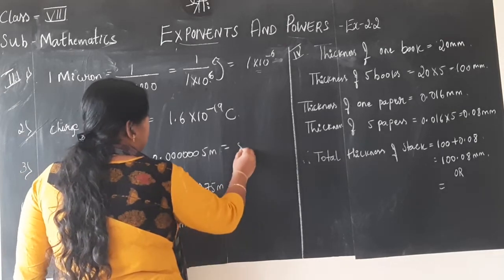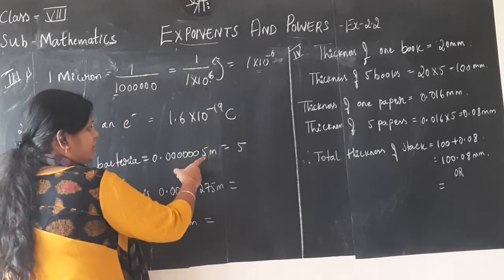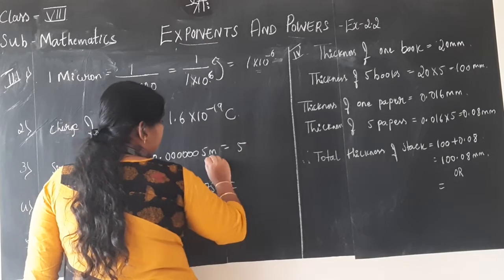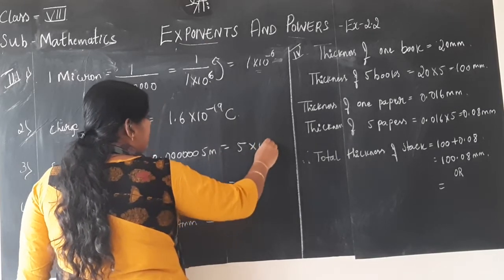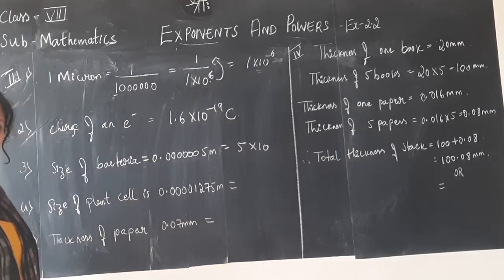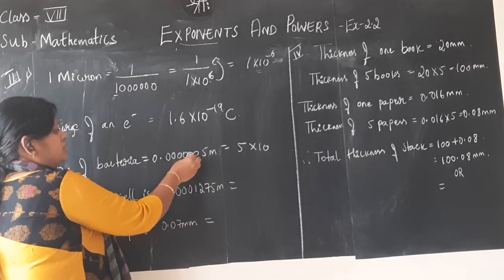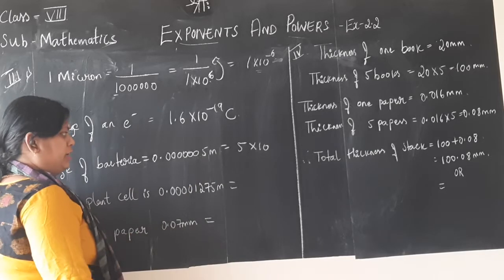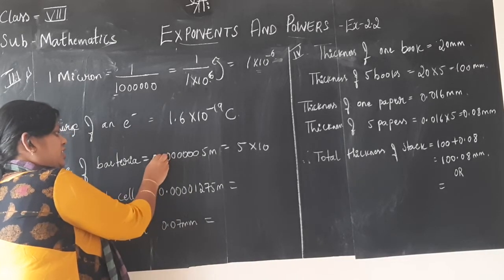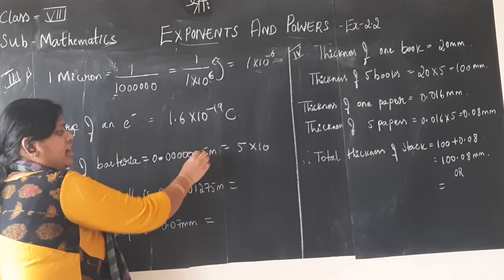or the direct method: write the last number, whatever is there, only 5 is there, so I am writing only 5 into 10 to the power. Now I want to make 0.00005 as only 5, meaning the decimal point which is here, I should bring here after 5.